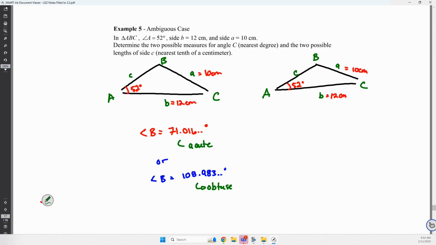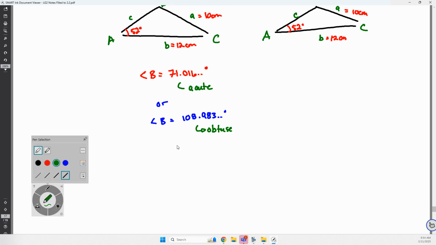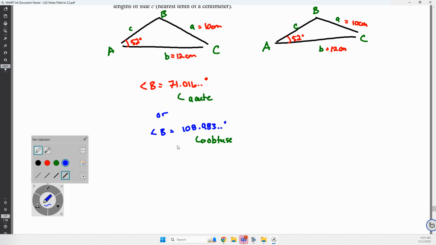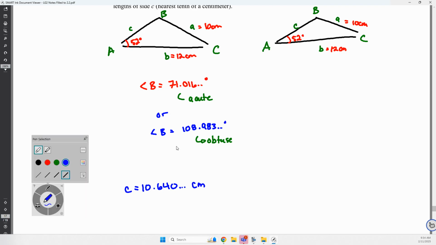Okay. So if you were to actually solve for this, I won't do it here because this video is already quite long, but I want you to give it a try. You should get that your side length C is equal to 10.640 in the acute scenario. And in the obtuse scenario, we get that side length C is equal to 4.134 centimeters.